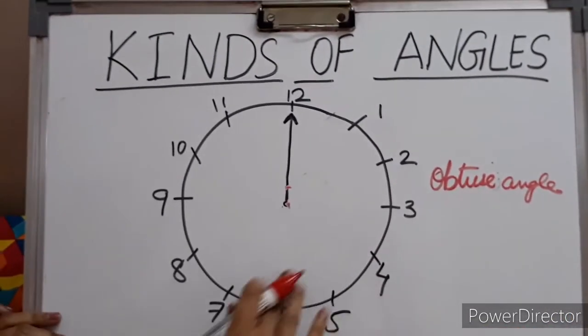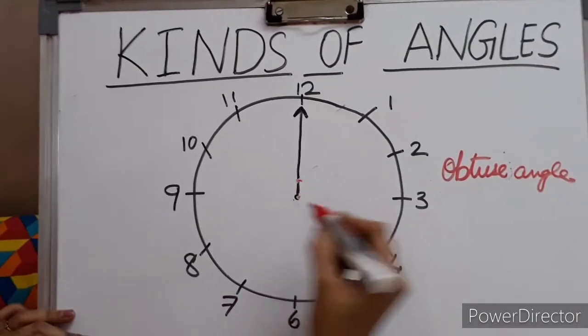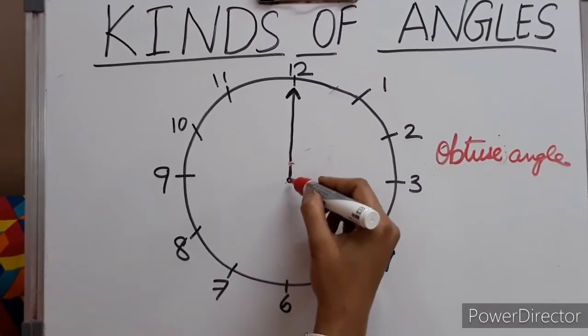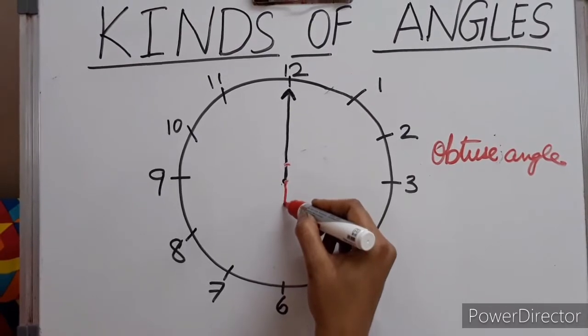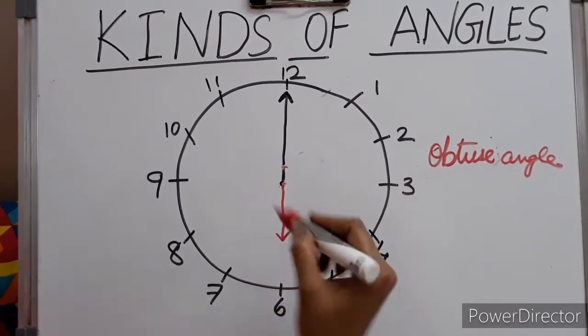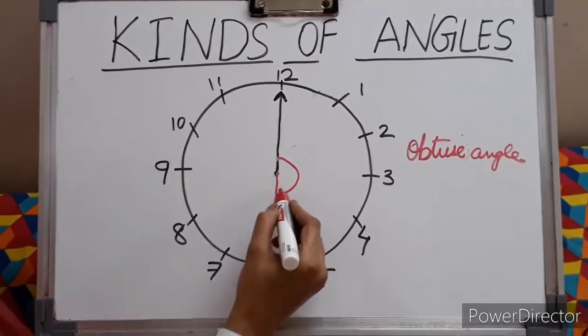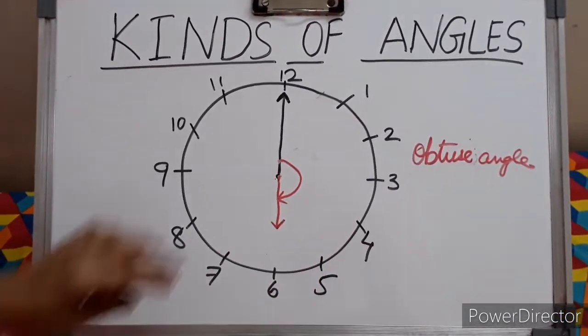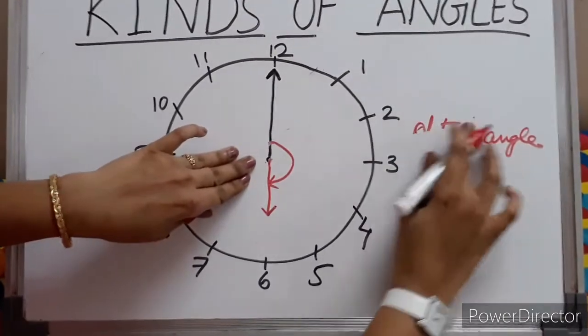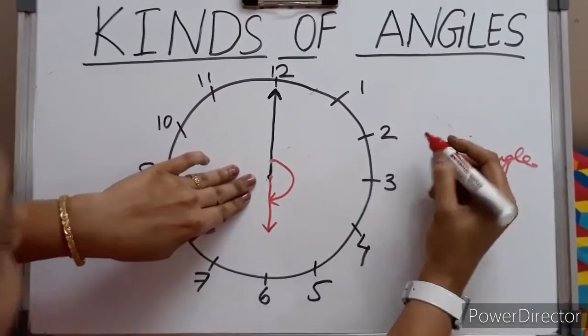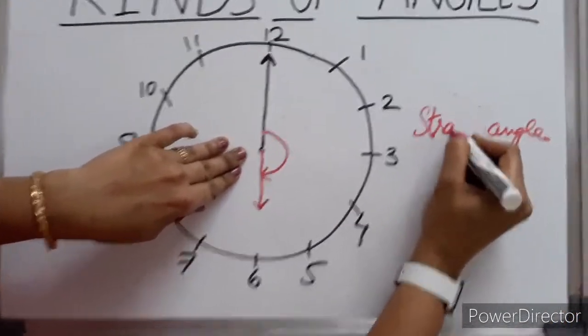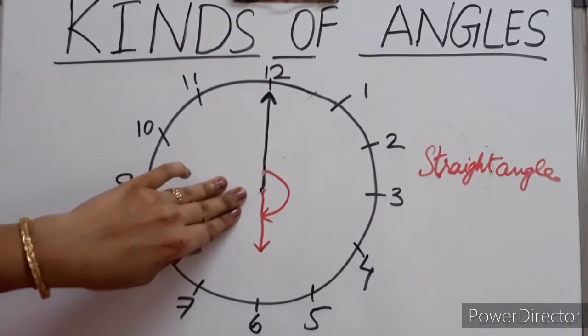Through the whole day the hour changes, and we never observe that the angles keep changing also. So this is 6 o'clock. Now you see from this base it came here. This is 180 degree. It forms an angle of 180 degree, which is the straight angle. What does it form? Straight angle.